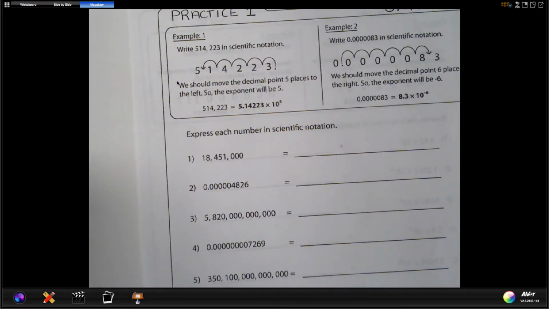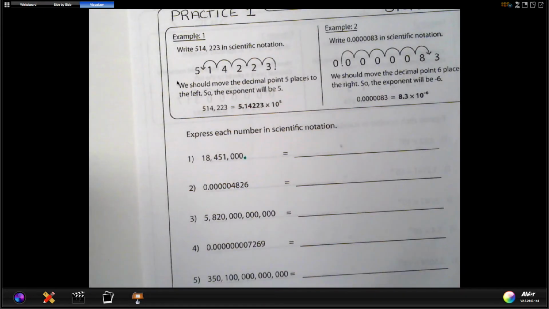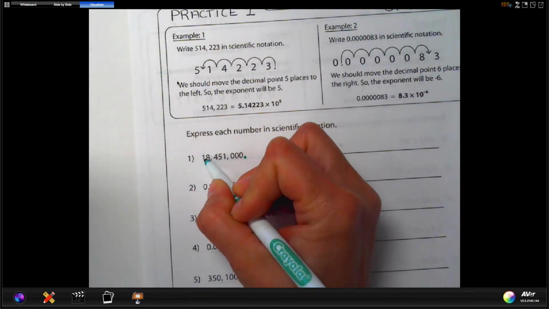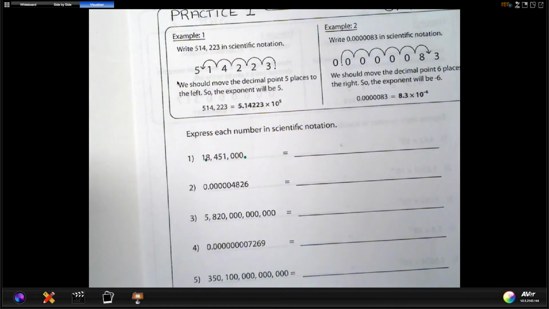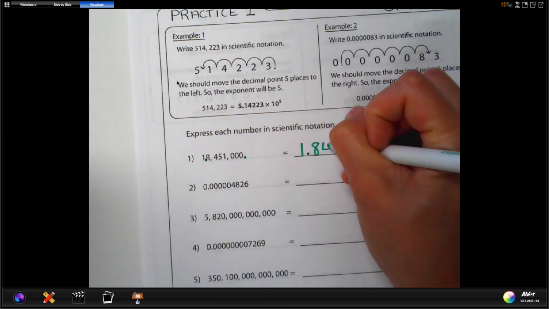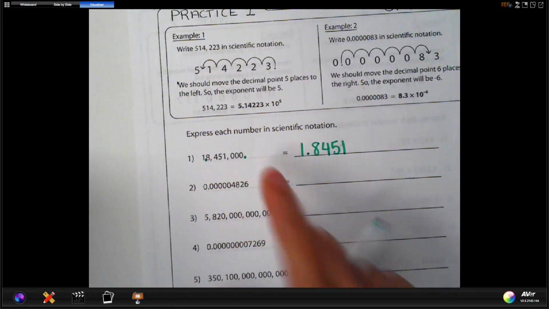To write this in scientific notation, you have to know, oh, there's a decimal, it's at the end. Where do we want to move the decimal to get it in scientific notation? We want to move it between the 1 and the 8. So our first number is 1.8451.